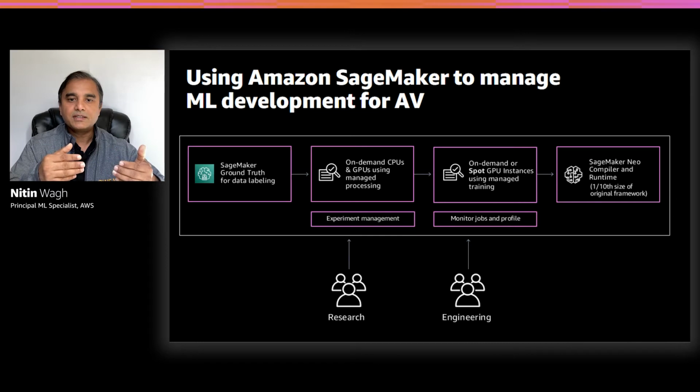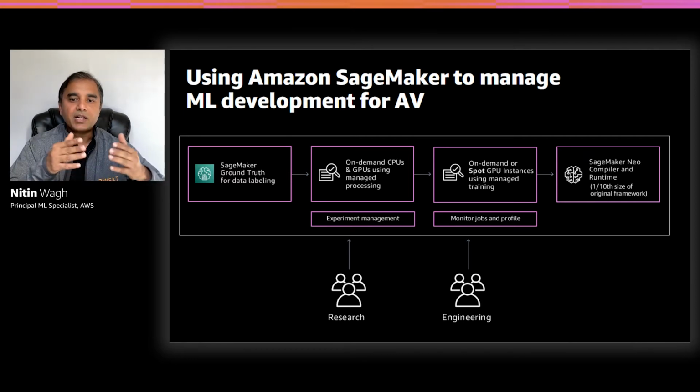Then users can leverage the managed data preparation capability for data preprocessing, for example, image to TF record conversion. Then they can launch managed one-click model training on single GPU or multi-GPU training clusters. And once the model is trained, then optionally, customers can leverage SageMaker Neo to compile the model for the target hardware architecture.